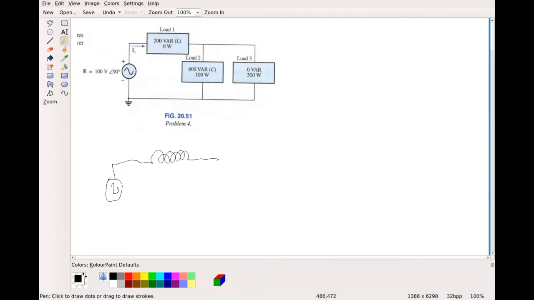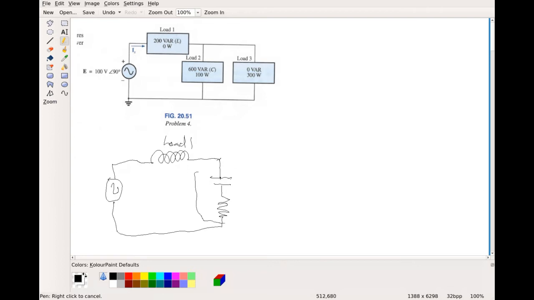This is load 1. Then here I've got a capacitor and a resistor.